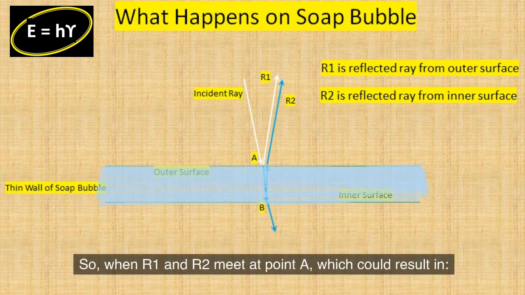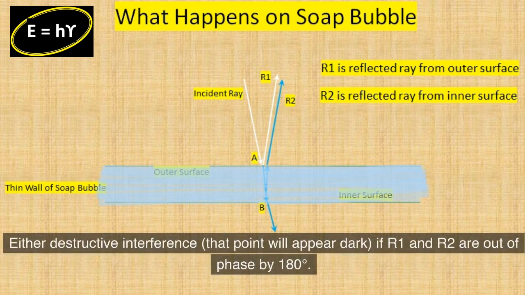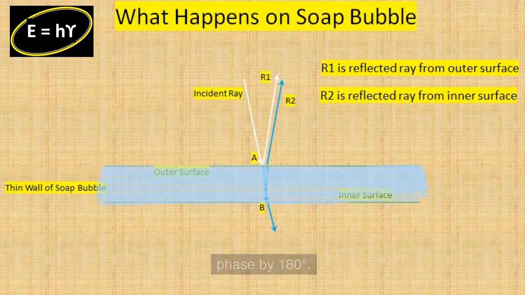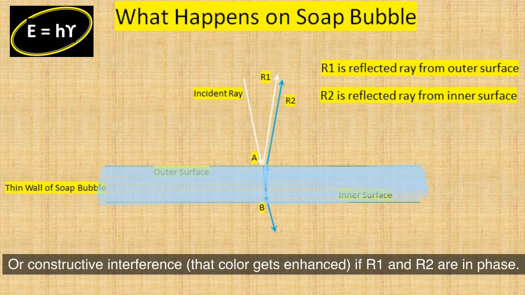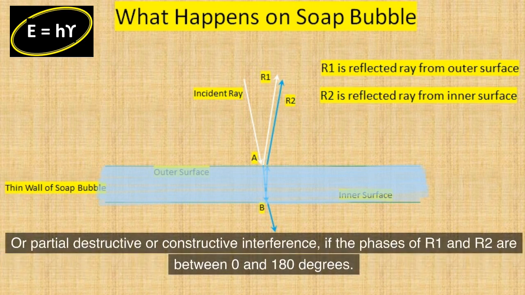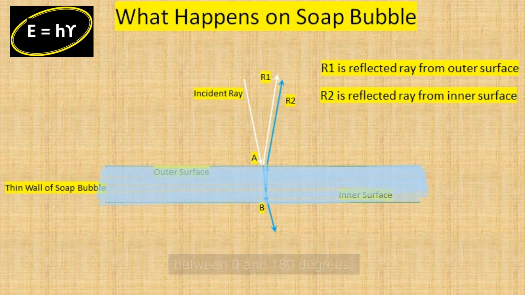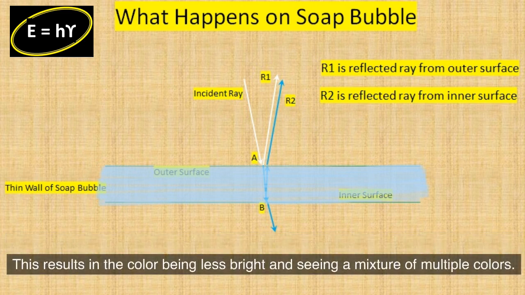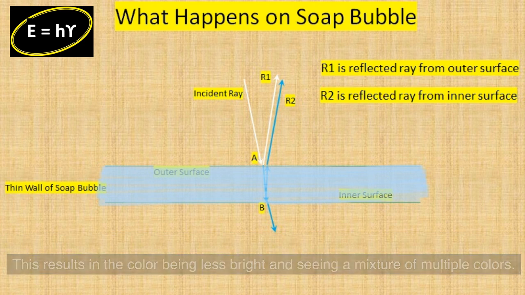So, when R1 and R2 meet at point A, there could be destructive interference, and that point will appear dark, if R1 and R2 are out of phase by 180 degrees. Or constructive interference, and that color gets enhanced, if R1 and R2 are in phase. Or partial destructive or constructive interference, if the phases of R1 and R2 are between 0 and 180 degrees. This results in the color being less bright and seeing a mixture of multiple colors.